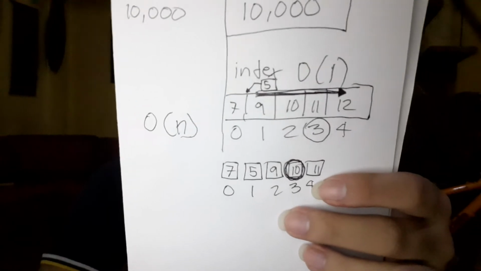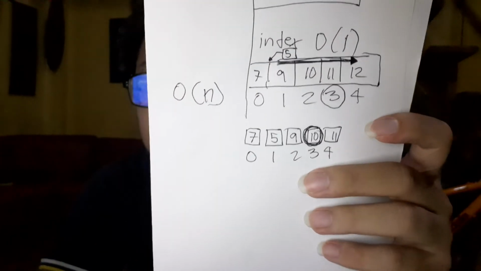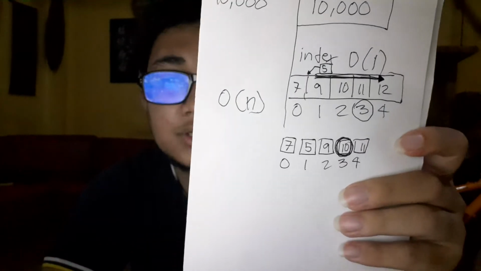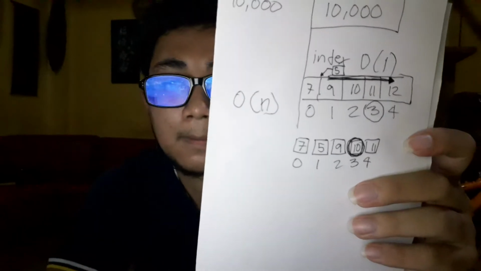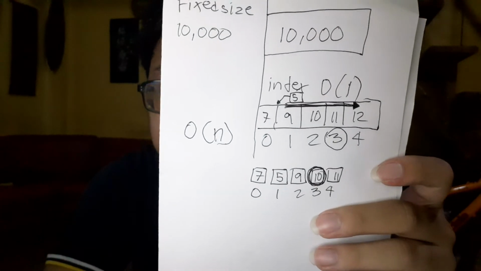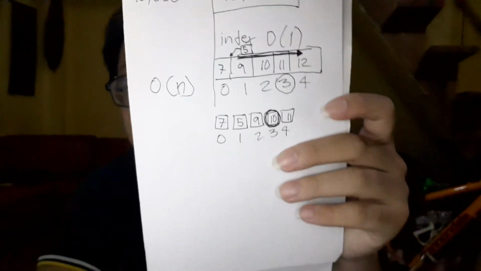Well, to do that, we now need to shift all the items after item 10 down by 1. So we can rewrite this entire array, but we need to now switch 11 forward to be index 3 and replace the value of item 10. So now we have an array that ends up looking like this.